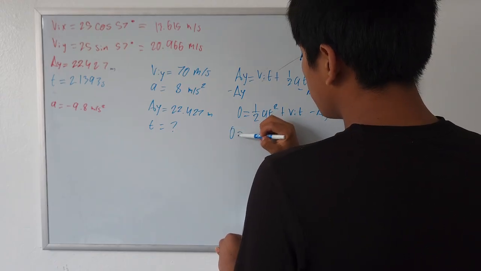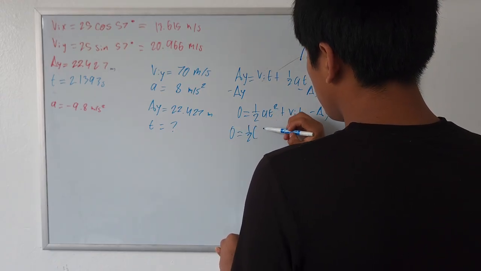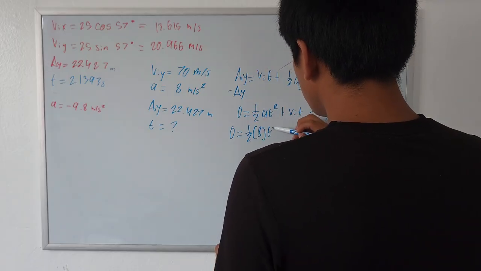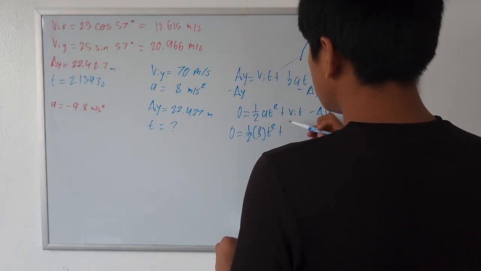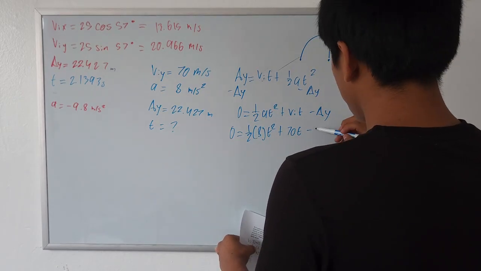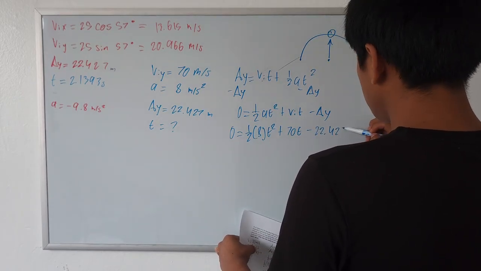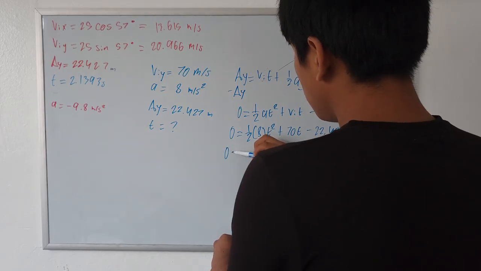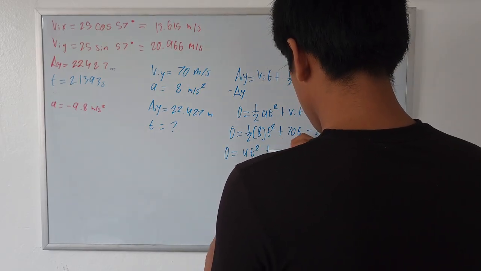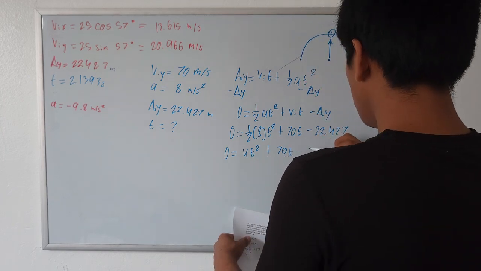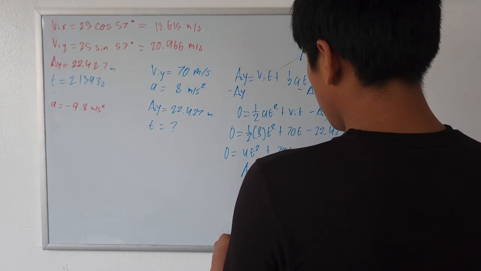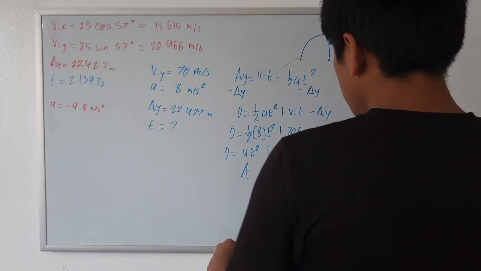And then we're going to go ahead and plug in all of our variables. So 1/2, we know the acceleration is equal to 8, t squared plus velocity initial is 70 t, and then minus the delta y, which is 22.427. 0 is equal to 4t squared plus 70t minus 22.427. That's going to be your A, that's going to be your B, and that's going to be your C.